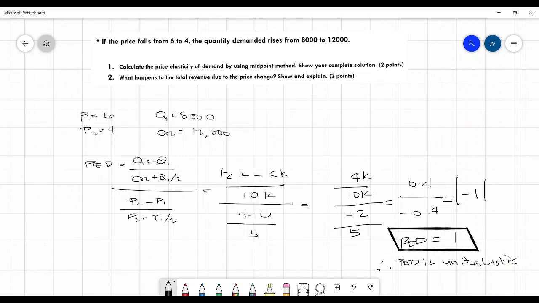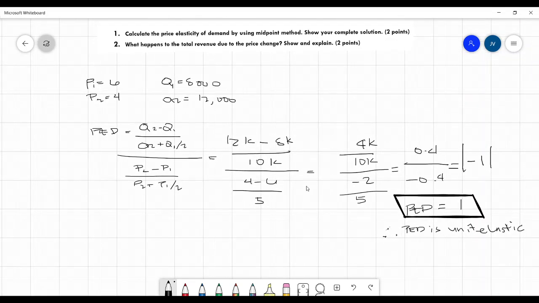It means that the percentage change in price is proportional to the percentage change in quantity demanded. Okay, so that's for number one, calculate the price elasticity of demand by using the midpoint method.